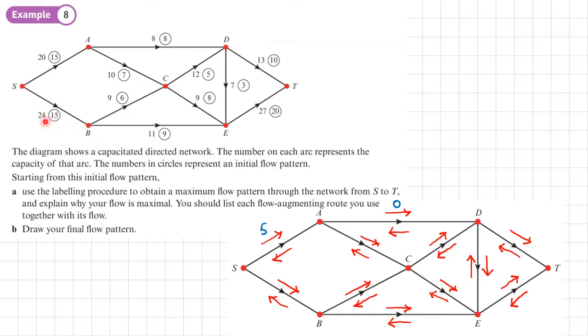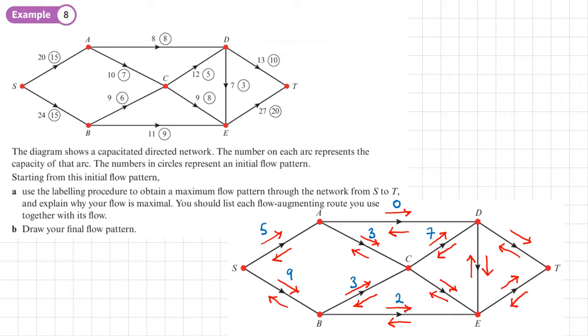So this can be increased, the capacity minus the flow, that's going to be 9, so I'll put 9 down there. This one AC, that can be increased by 3. BC can also be increased by 3. CD, that can be increased by 7. BE can be increased by 2.